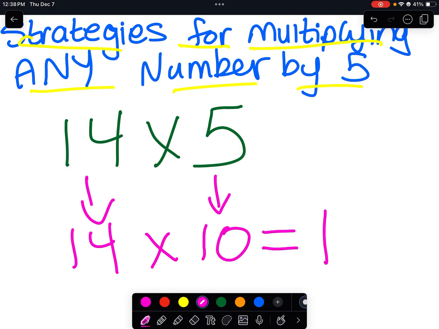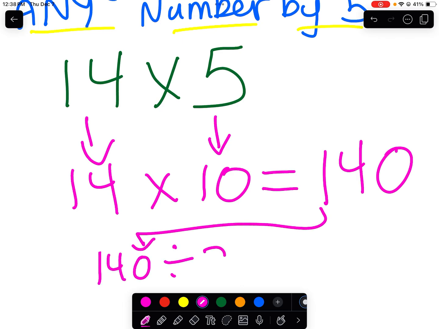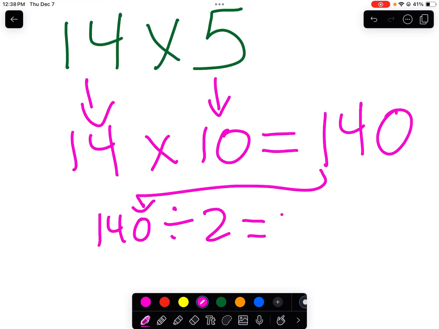Then you get the answer 140. Now all you're going to do is take this 140 and divide it by 2, and that's your answer. And 140 divided by 2, I know, is 70.